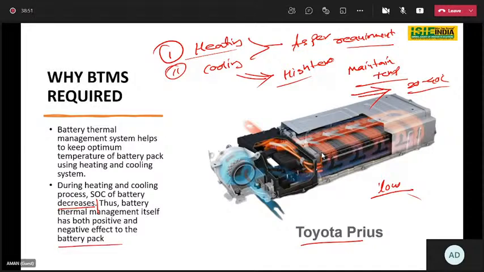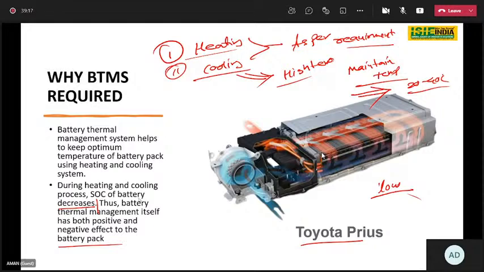Suppose this is a battery, and the battery is the only power source in the entire vehicle. If you want to run the battery thermal management system, to cool the system, you are taking the power from the battery itself to cool the battery. Okay, so that's why the state of charge will be somewhat decreased, because you are taking the power from the battery itself to cool the battery only.